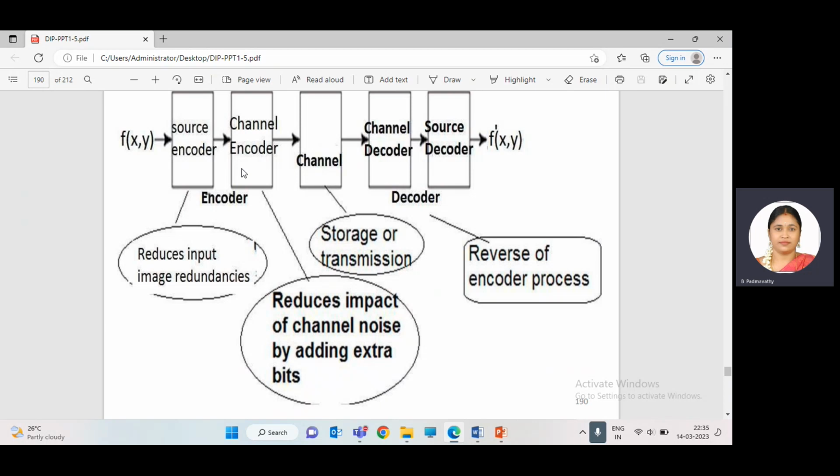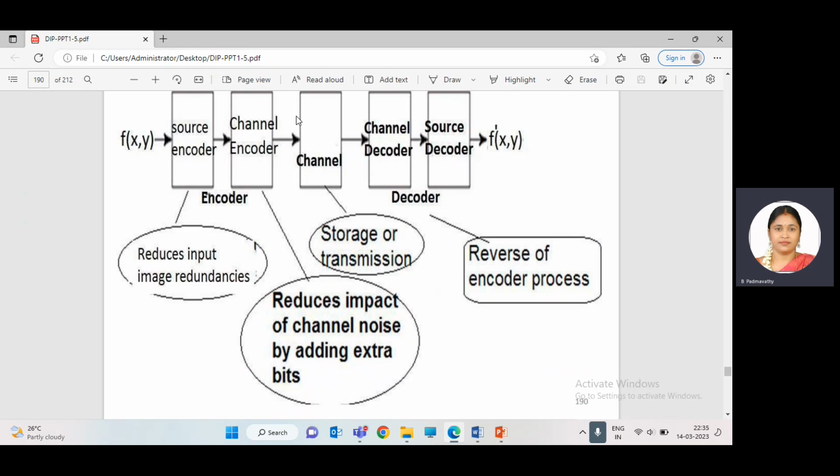That means it reduces the noise of the source encoder output. And we have a decoder, which includes a channel decoder as well as a source decoder. In general we will be having a decoder only, but inside the decoder we have a channel decoder and a source decoder. The channel decoder is followed by the source decoder.